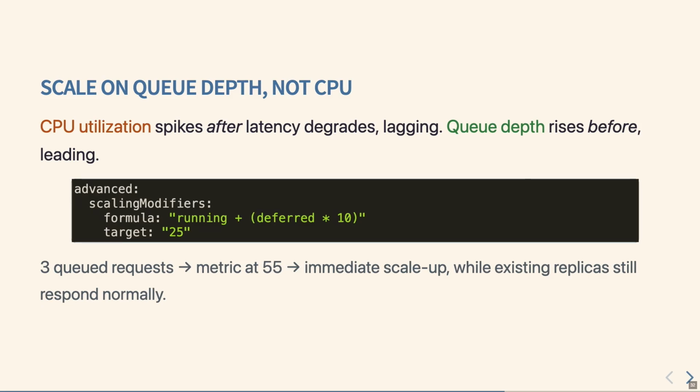What KEDA has is something called scaling modifiers, a very good feature that I don't hear people talking about very often, where you can specify formulas for different triggers, and you can give even more weight to different metrics.